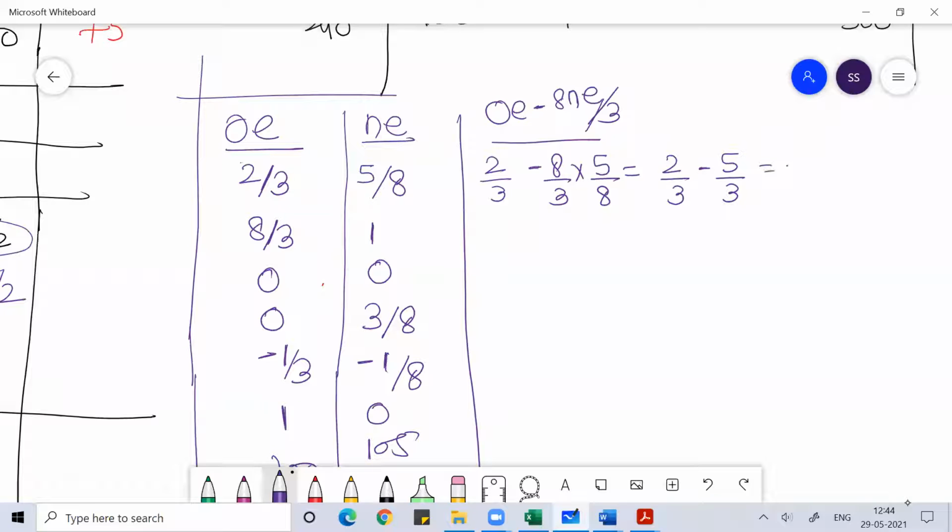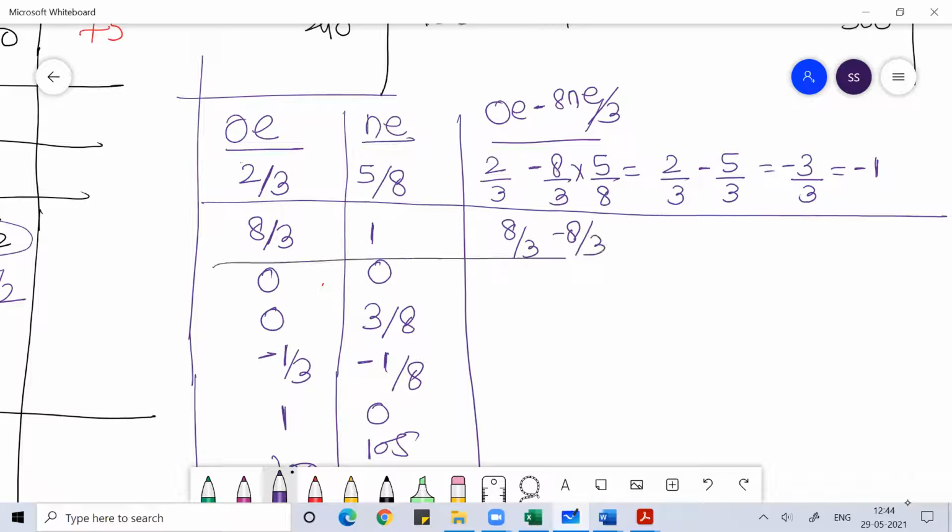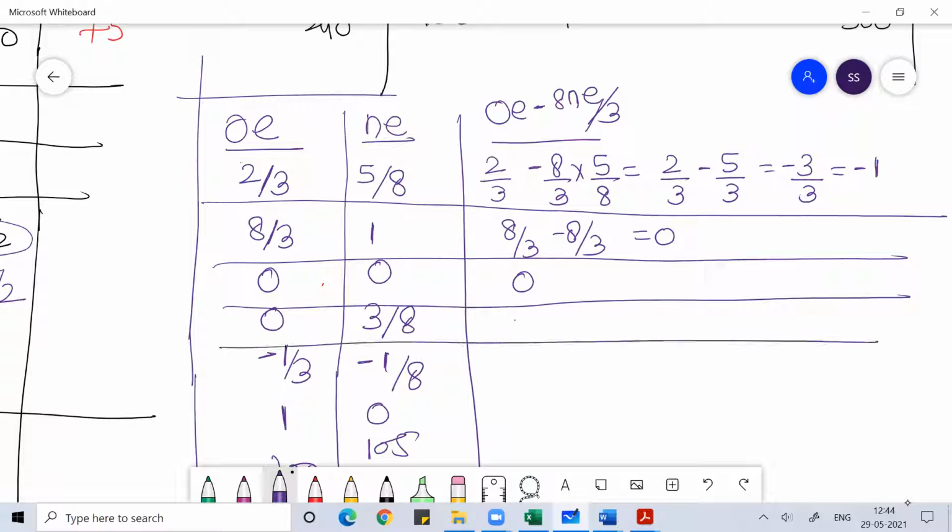So this is minus 3 by 3, minus 1. 8 by 3 minus 8 by 3, that is 0. 8 by 3 is constant. Then this is 0. Then this is minus 3 by 8 into 8 by 3. This would be minus 1.